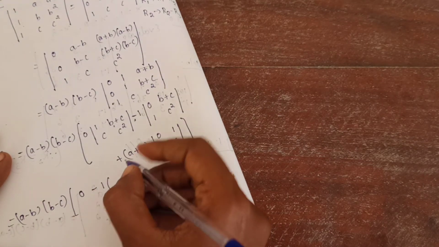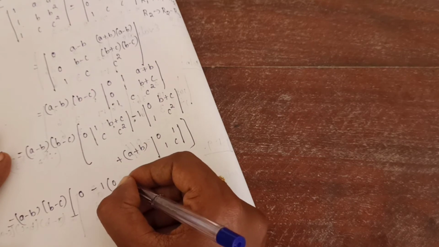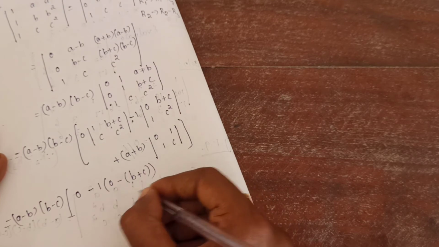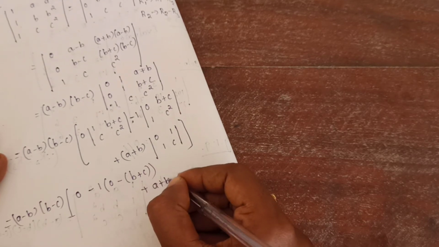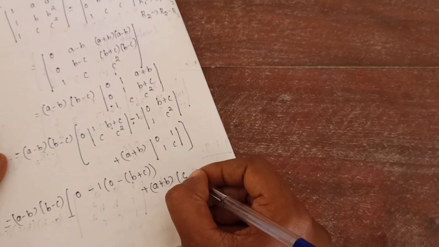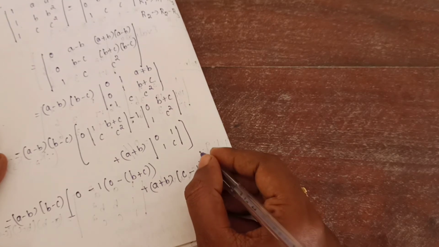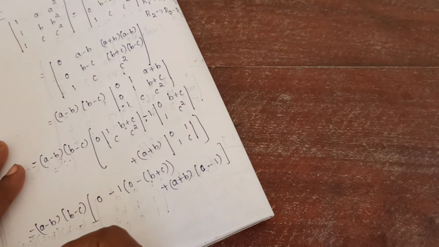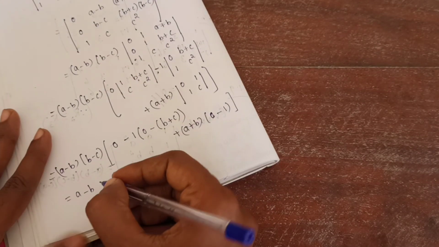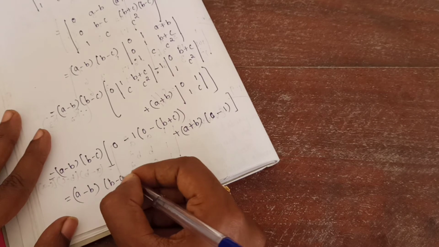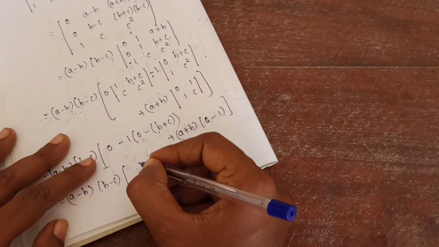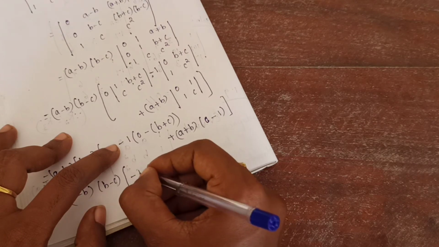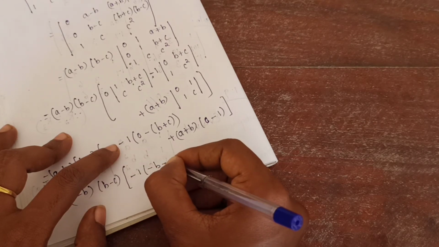Then minus 1 into 0 into c square means 0, minus of b plus c, correctly. Okay. Then plus a plus b into, then 0 into c means 0, minus 1. That is equal to a minus b into b minus c into, the 0 we can leave. That is with minus you need to multiply. Minus 1 into minus b minus c.